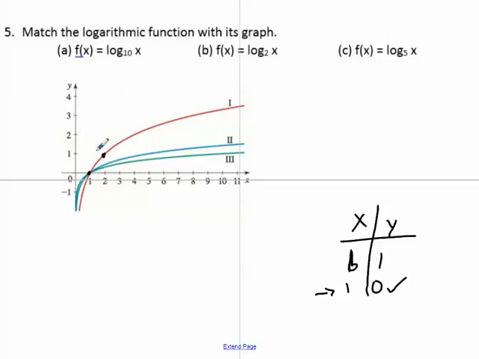I'll change that to red. This one goes through 2, 1, so that's base, 1. That means the base is 2. We've got base of 2, base of 5, base of 10. This one has to be B. Graph B, or I guess choice B, is graph 1.